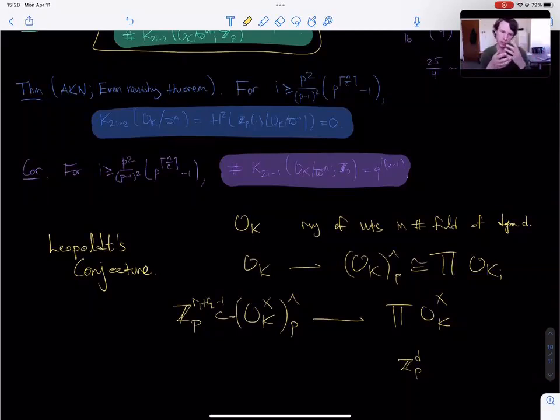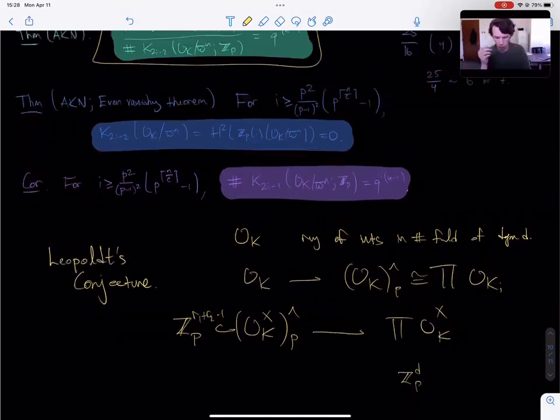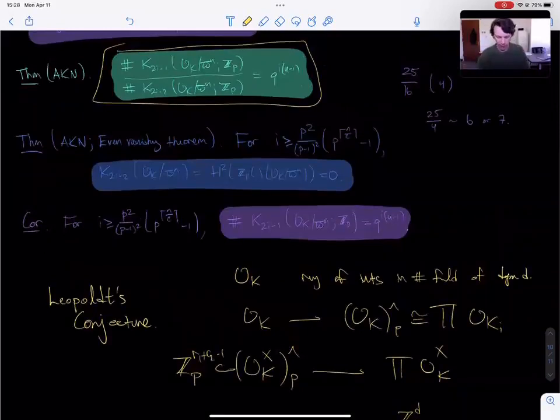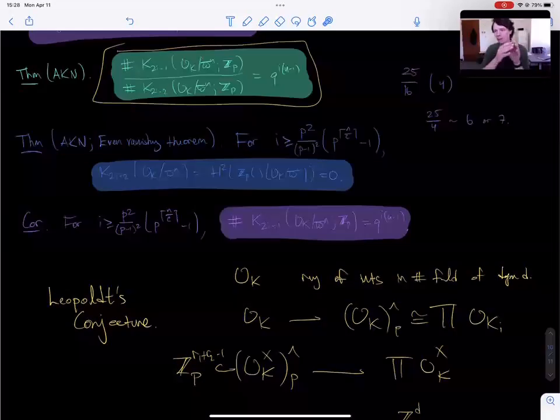But if you want to know what the main insight is that lets this work, it's that these have an extra filtration on them, namely the p-adic filtration. And that p-adic filtration lets you develop a notion of filtered prismatic cohomology, and then everything else in sight picks up an extra filtration.